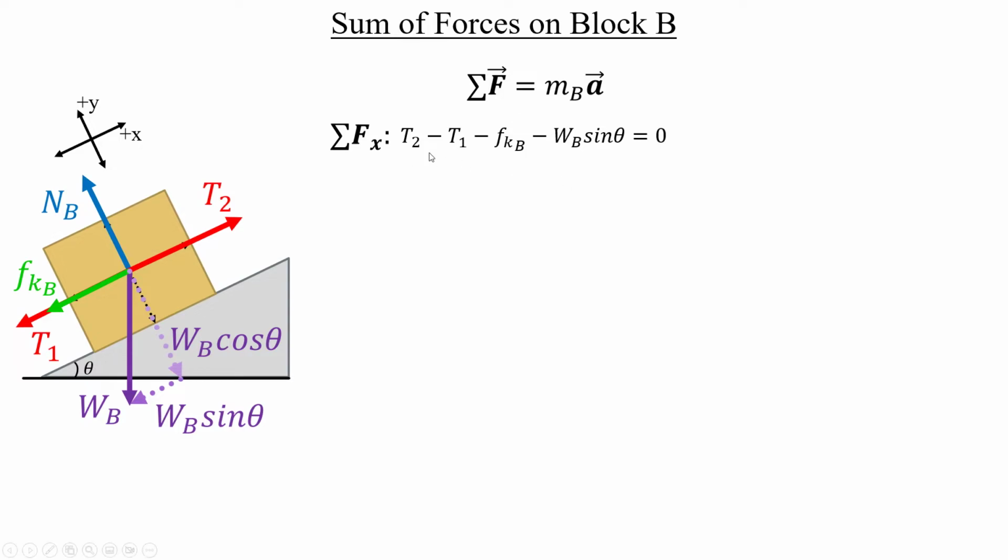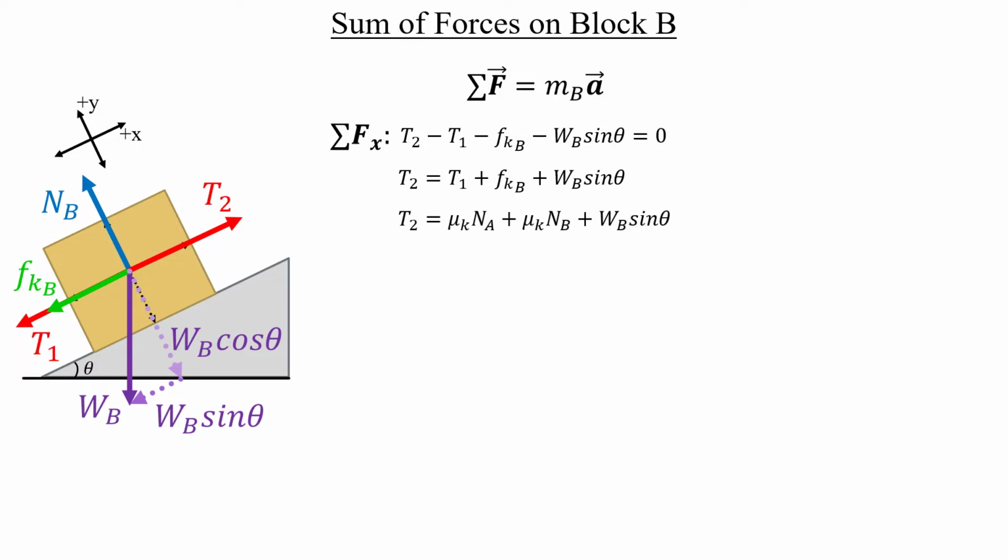We want the value here of tension 2, so let's put all these negative terms over on the right-hand side to make them positive.